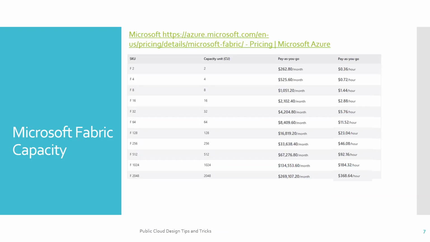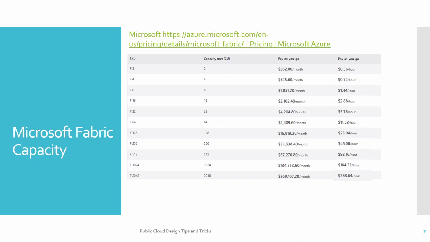Now this is more about a cost calculator. You can follow the link, and if you have taken it for the Central US region, you see here the family of SKUs available as a capacity unit plan for choosing the capacity. These are all F series, and in every family you can have a number of capacity units.